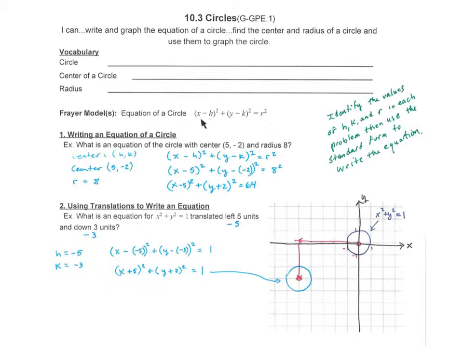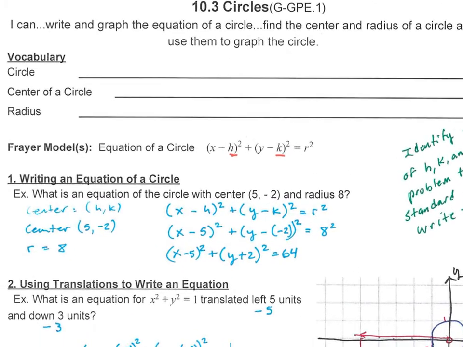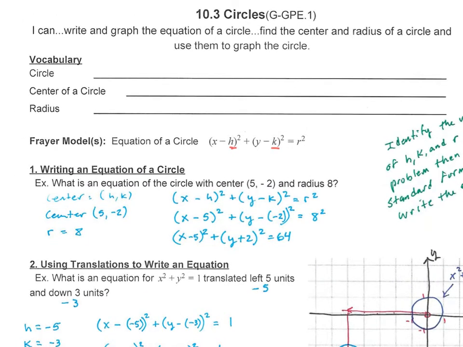But let's look at our equation of a circle, and it is going to be (x - h)² + (y - k)² = r². In the past, we have worked with the variables h and k. h transforms our equation or function horizontally, left and right, and k transforms it up and down, vertically.